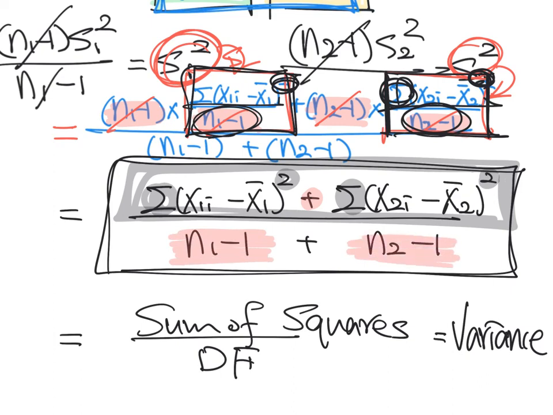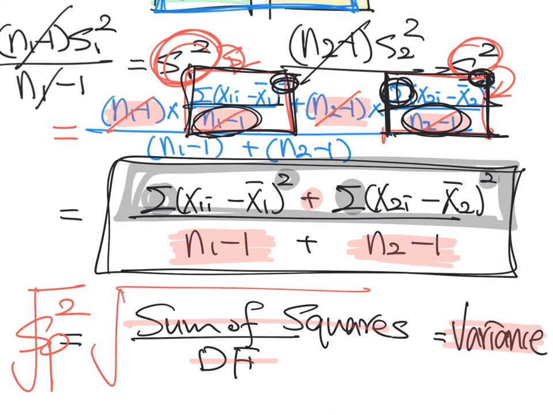So finally, we have the form, the sum of squares divided by the degree of freedom from the pooled two samples. It will be the SP square. So finally, we can define the SP square. So simply we just take a square root of it. That would be SP. So we use the pooled standard deviation in the pooled t-test.